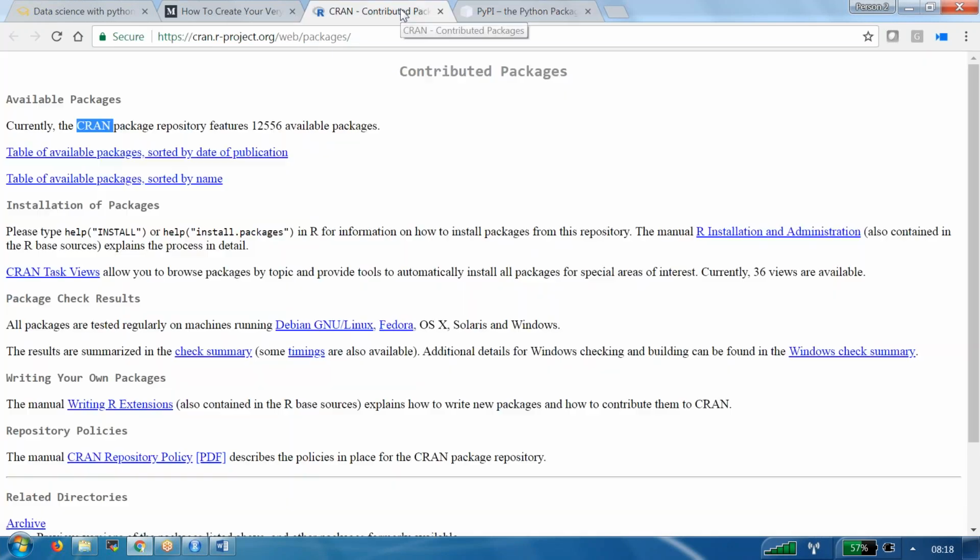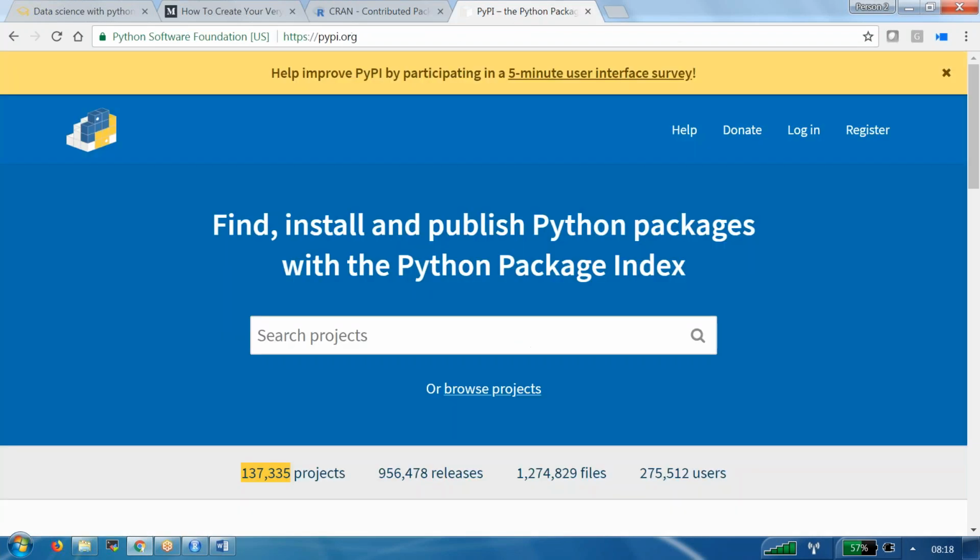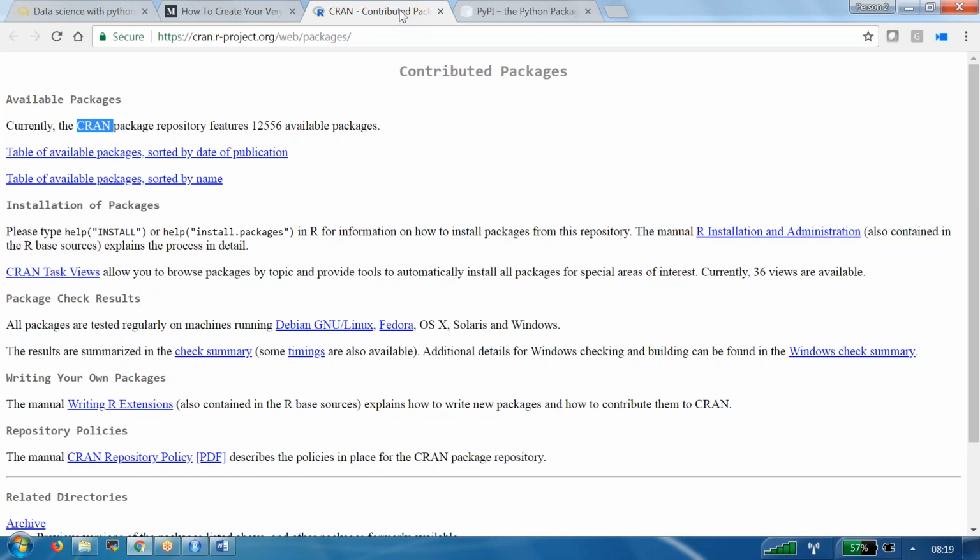There it is only 12,000. Python has more packages available because it is a more general language, not only for data science. We are going to use it for website development, server side scripts, client side scripts, UI development, software development, a number of places. But in most cases we are going to use it for data science implementation.